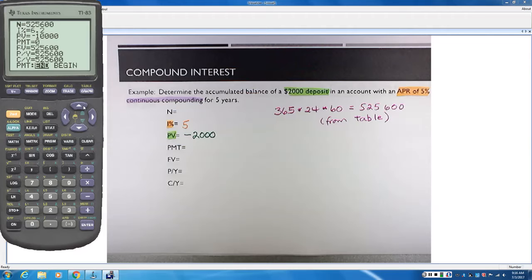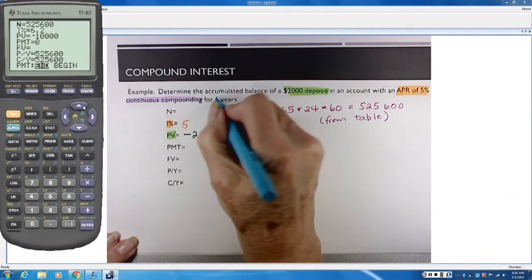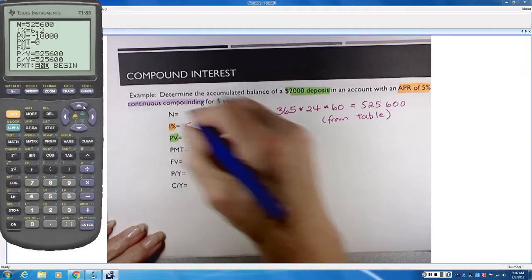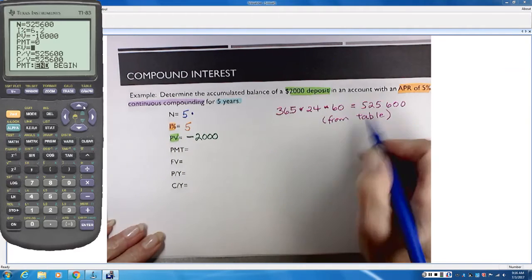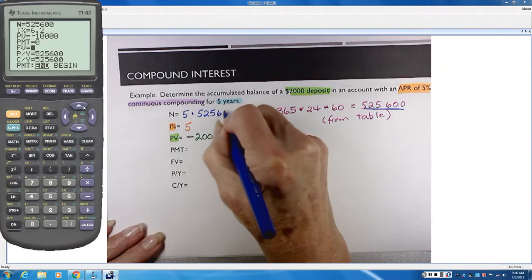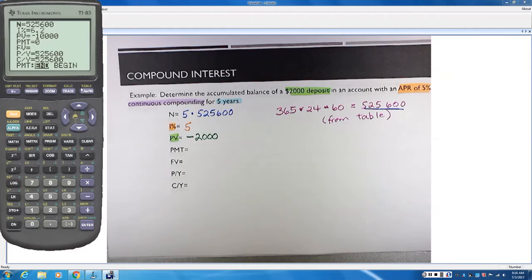So then the thing we don't know is going to be the future value. So N, based on the fact that we had 5 years, is going to be 5 times this 525,600. So we're going to go up and multiply N by 5.